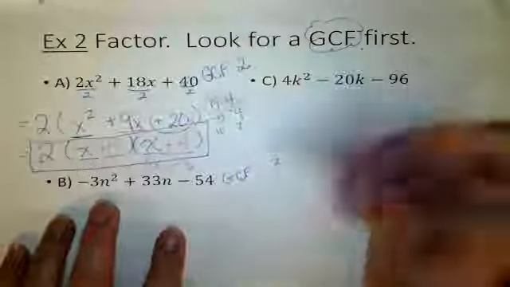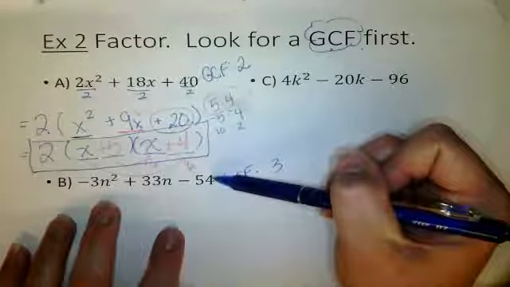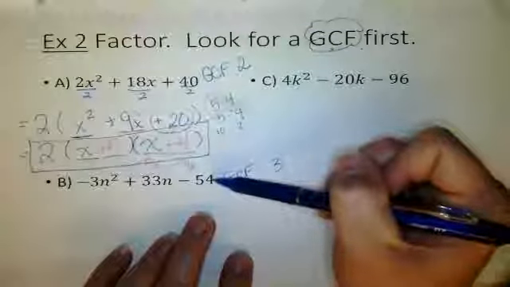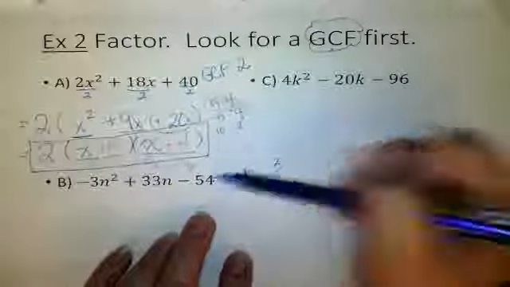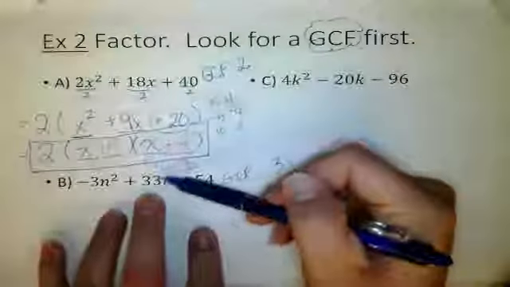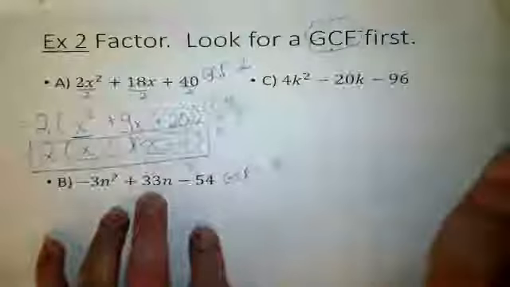How do you know 54 is divisible by 3? Yeah, you add up the digits. 5 plus 4 is 9, and 9 is divisible by 3, so you know that 54 is divisible by 3. 33 works the same way. 3 plus 3 is 6. 6 divides by 3 evenly, so does 33.